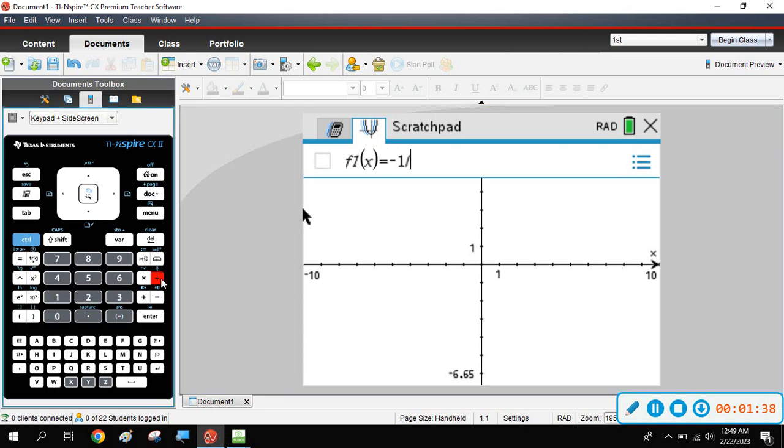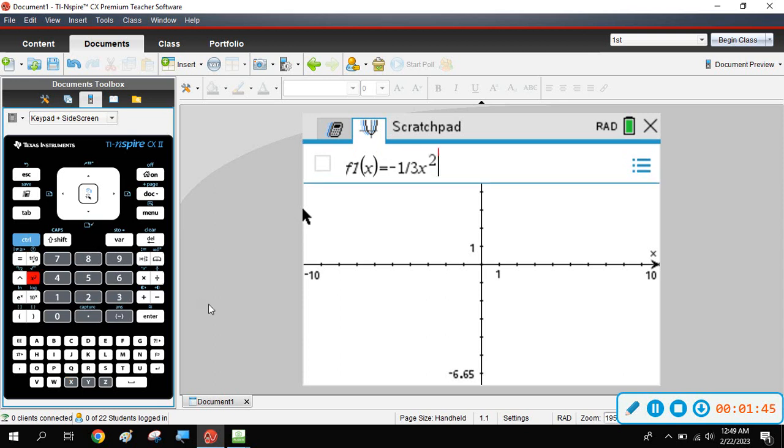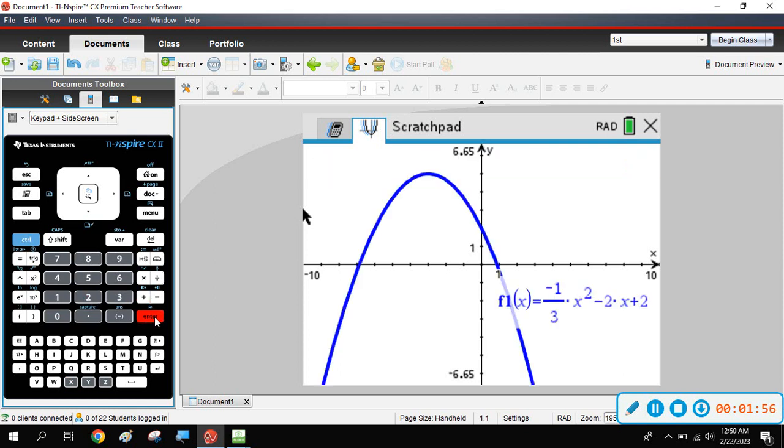Negative 1/3 x squared minus 2x plus 2. Press enter. All right, so there's my graph.